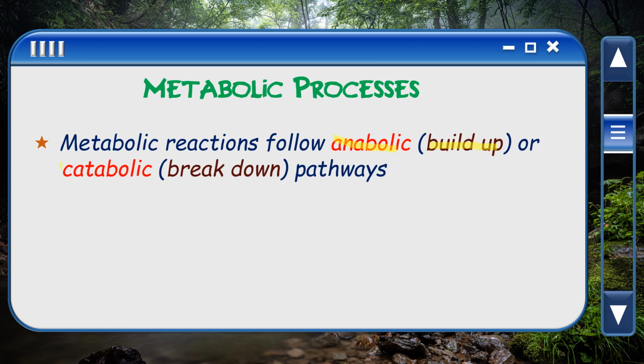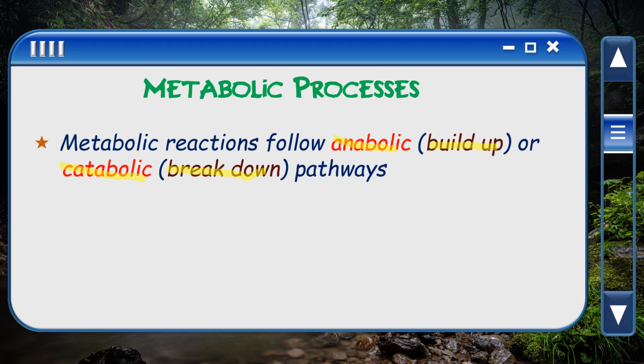And if we say catabolic, that means breaking down. So all these reactions that are taking place in the body are either anabolic reactions, building up, or catabolic reactions, breaking down.